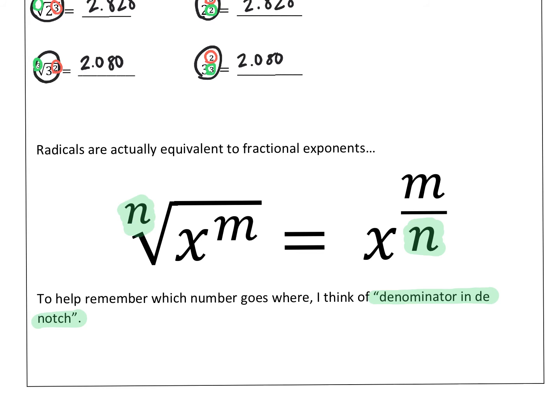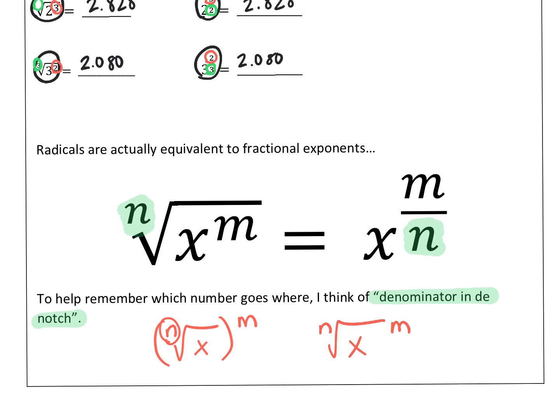Now, you may also see it written as the nth root of x in brackets to the power of m. It doesn't really matter. It's just that the denominator goes as the index and the numerator is an exponent on that number.